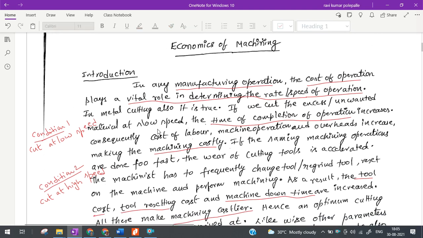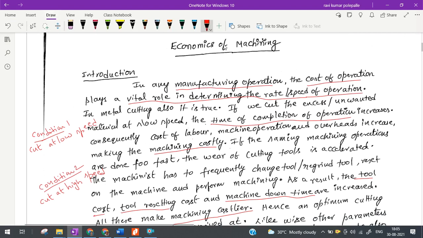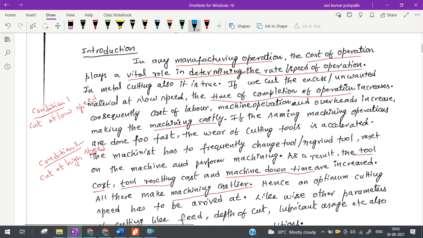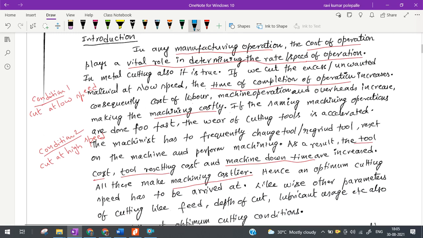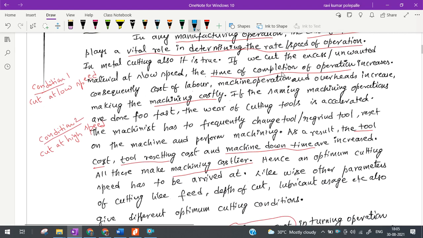In any manufacturing operation, we should understand that the cost of the operation plays a vital role in determining the speed of the operation. In metal cutting also it is true. If we cut excess or unwanted material at slow speed, time of completion of the operation increases, and therefore the cost of labor, machine operation, overheads are going to increase, making the machining process costly.